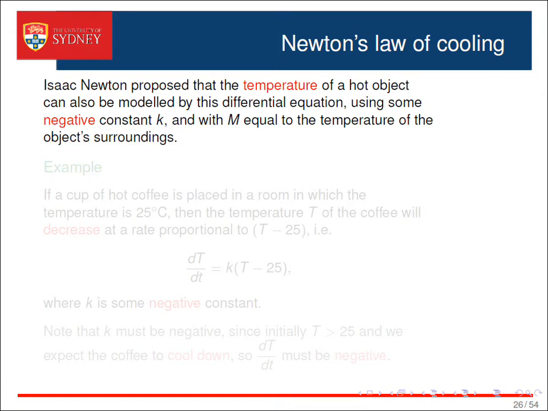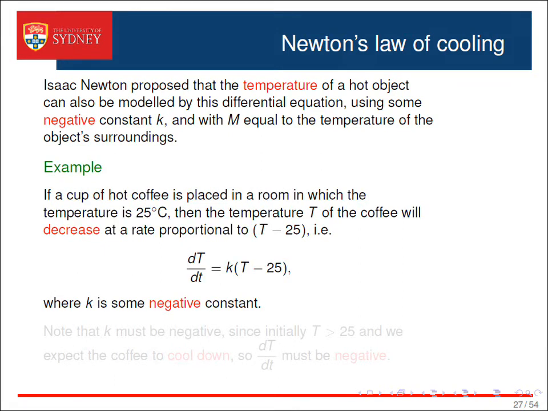Let's have a look at an example of this model, applied to a slightly different real-world phenomenon. Isaac Newton proposed that the temperature of a hot object can be also modeled by this very same equation, using some negative constant k, and letting m be the ambient temperature. Suppose we have a room in which the temperature is 25 degrees, and we place in this room a cup of hot coffee.